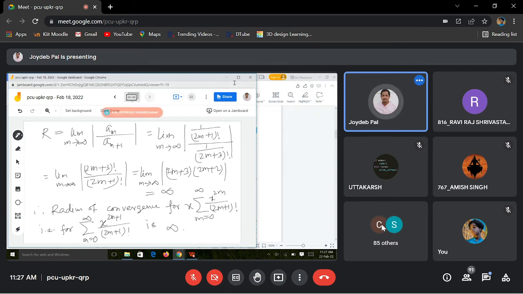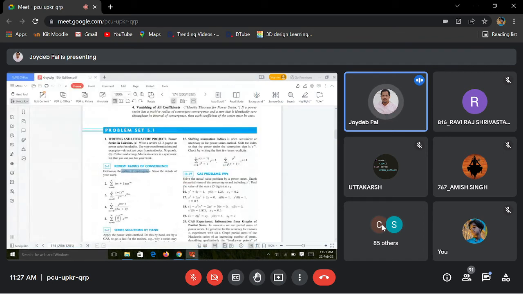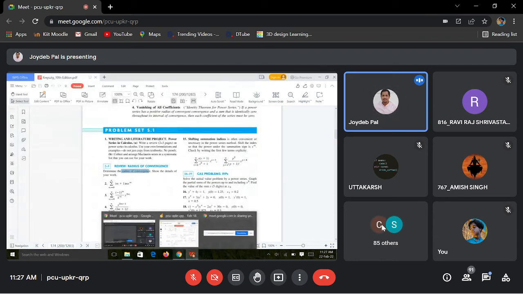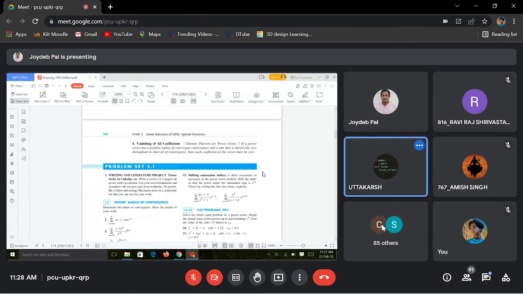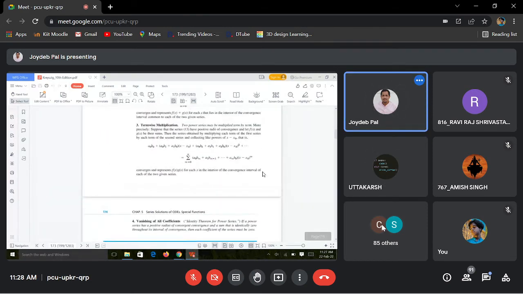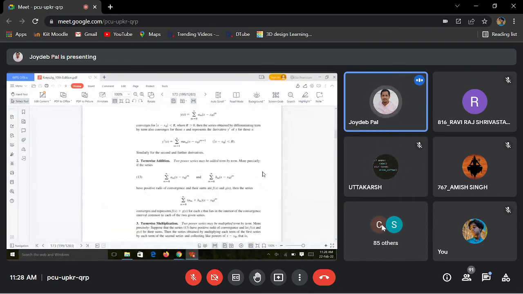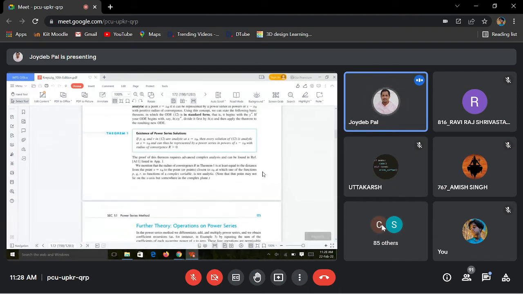Now, can you tell me, can the radius of convergence be 0? We got the infinite case and the finite case, where a finite interval became fully infinite. Can it be 0? Yes, it can be 0. You can see an example from the book also.